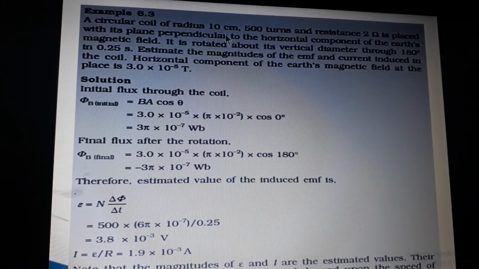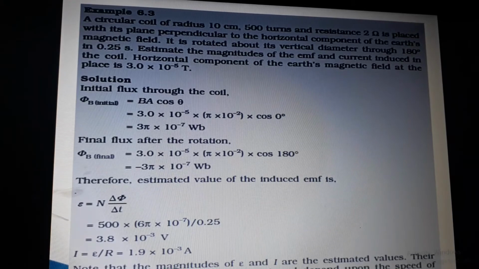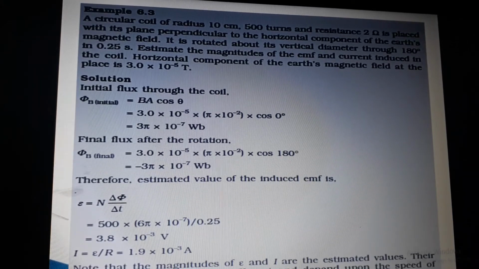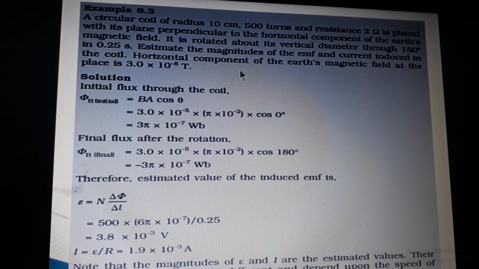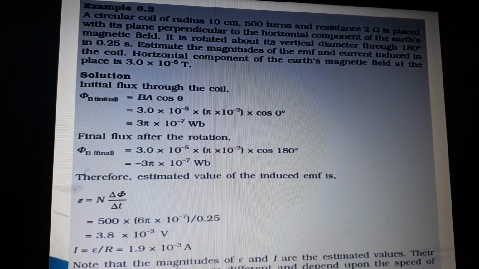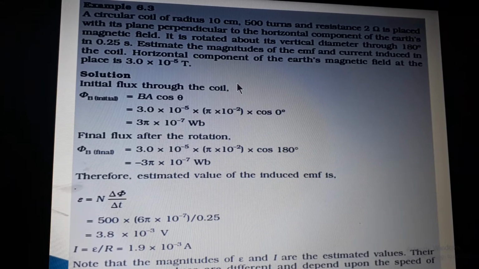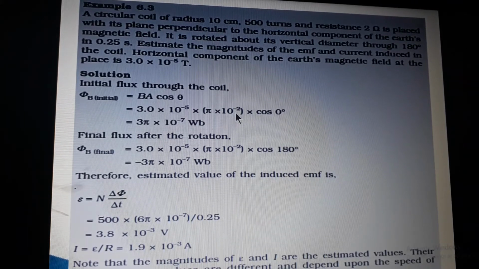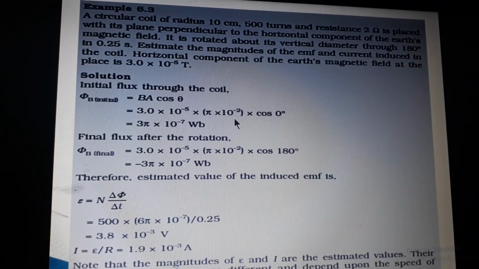So 10 centimeter is 10 into 10 raised to minus 2 meter, that means the answer is 10 raised to minus 1 meter. So r is equal to 10 raised to minus 1 meter. Now r square is 10 raised to minus 1 squared, so the answer is 10 raised to minus 2.